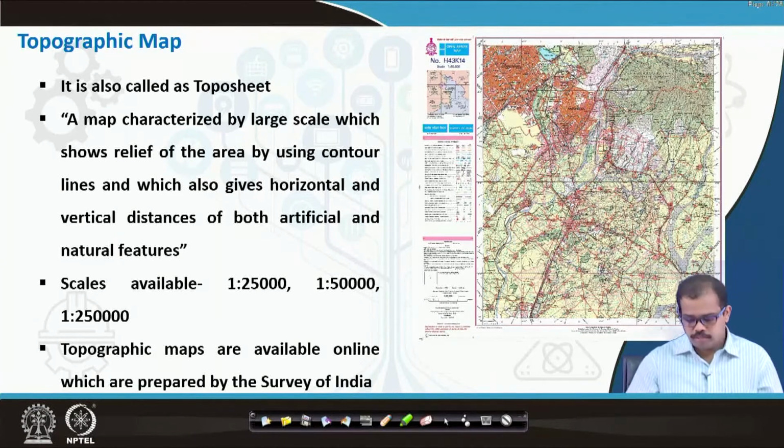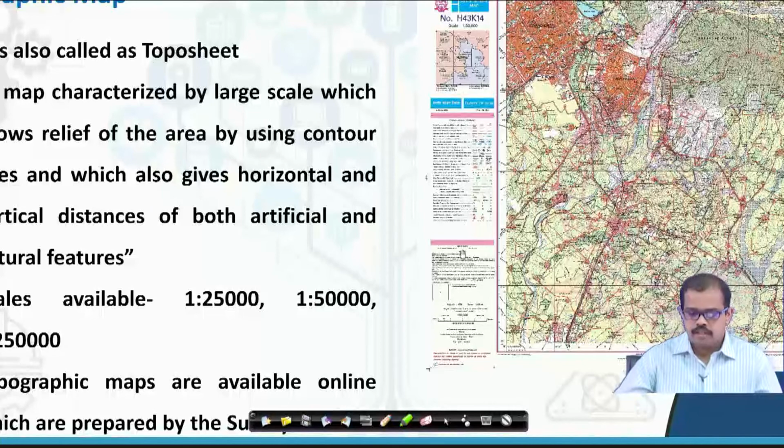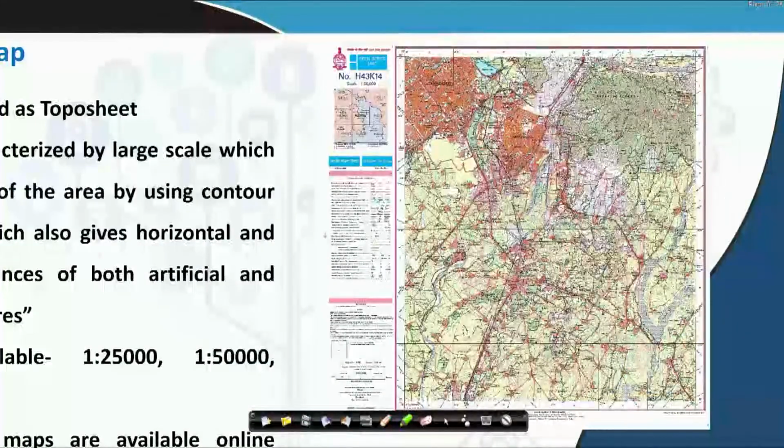And when you look at this particular map here, if you see it very clearly, this map has its own legend, which gives you the types of information that have been used. Then it is giving you the scale here. If you zoom in more, you will be able to understand.